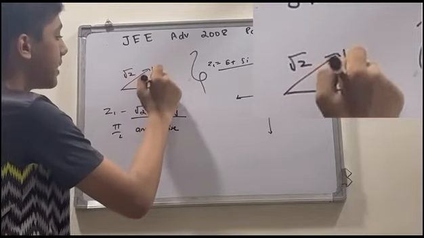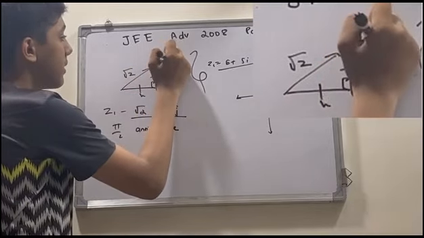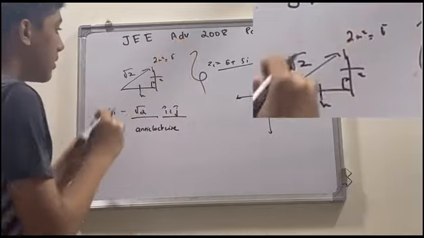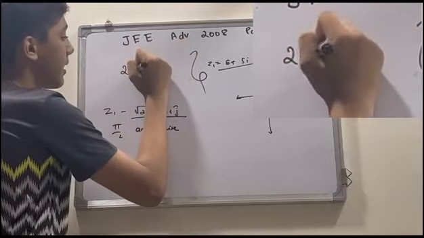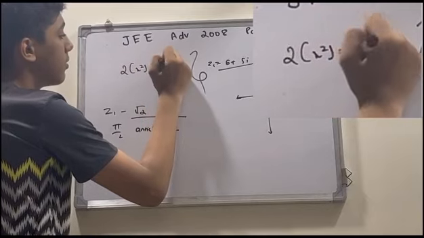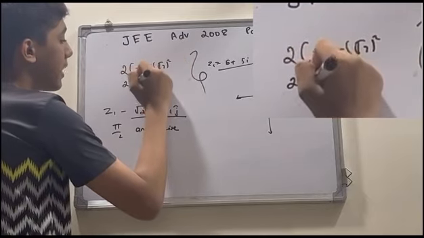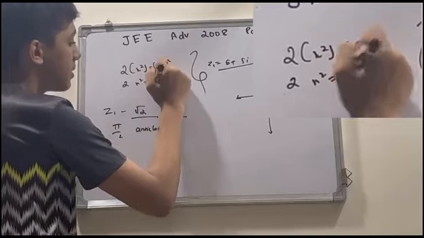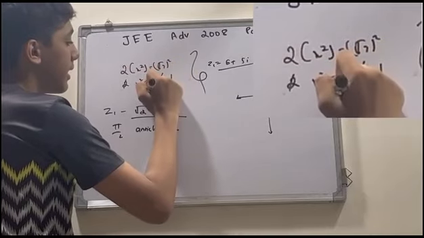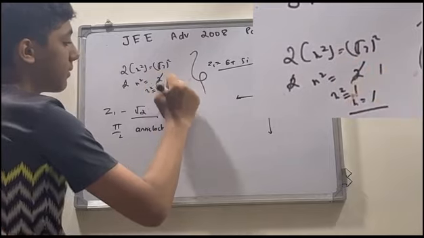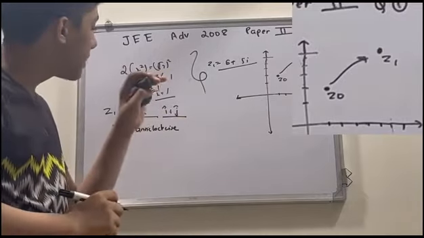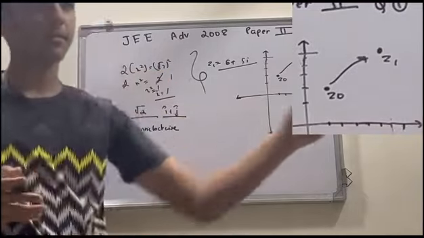Since these are the same, 2 times x square equals root 2 the whole square. 2 times x square equals 2. X square equals 1. X equals 1. So basically, it's moving i cap and j cap each by 1.